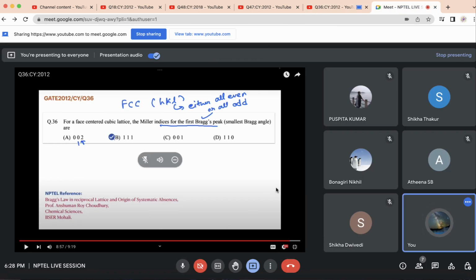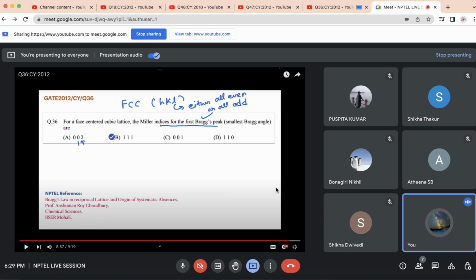So, does anyone have doubts? Actually, I have a question for you. Before this we have seen one video for Miller indices. As I am saying, an FCC unit cell should have either all even or all odd Miller indices to show a Bragg's peak.